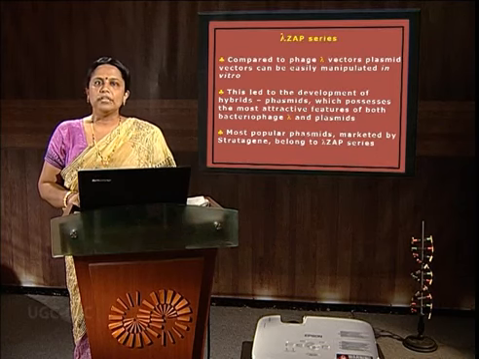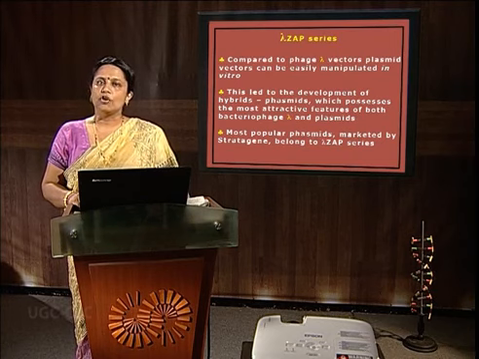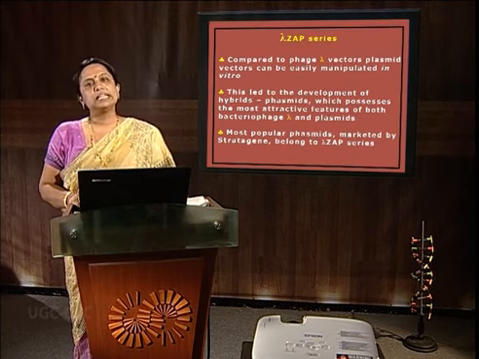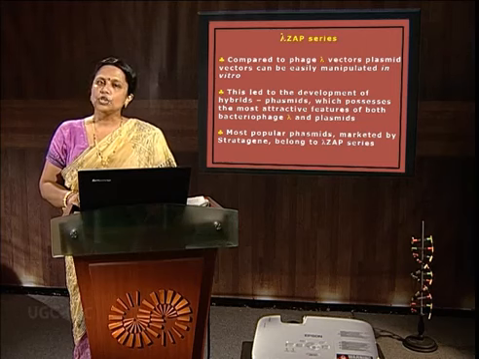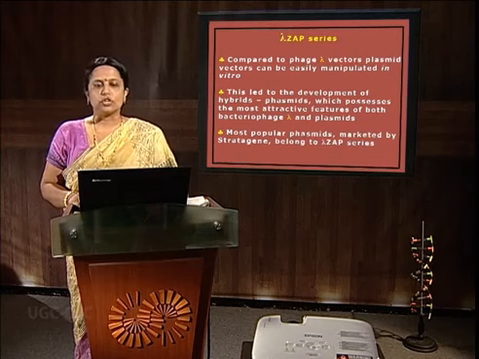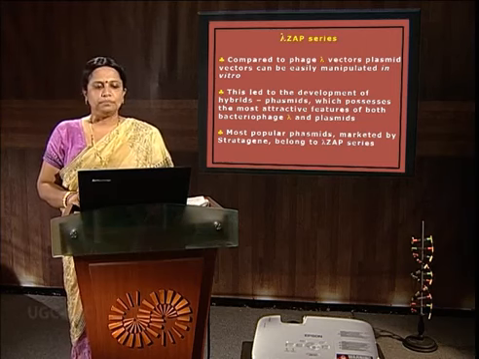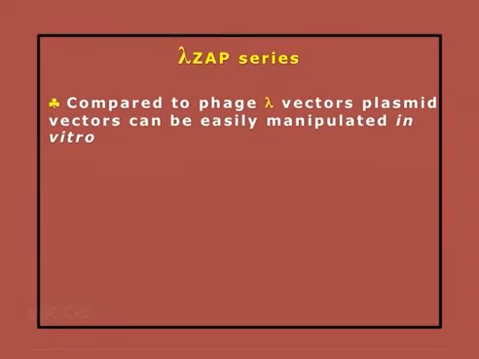So, we are coming to another variety of vectors wherein single-stranded phages are being utilized. Such a vector is called the lambda ZAP vector. Compared to the lambda vectors, plasmids can be easily manipulated in vitro, as we have seen. So, we have made lambda ZAP vectors, which are a fusion between a bacteriophage vector and a plasmid vector.